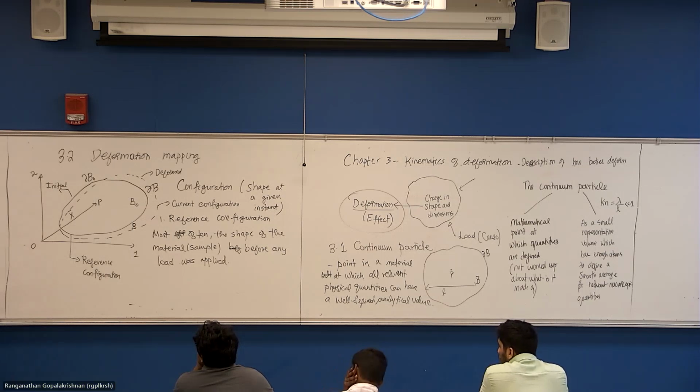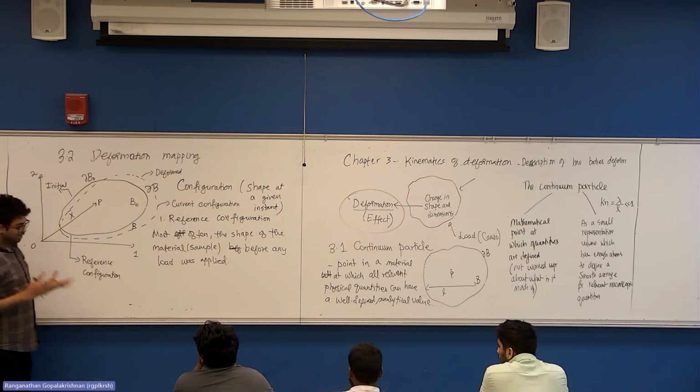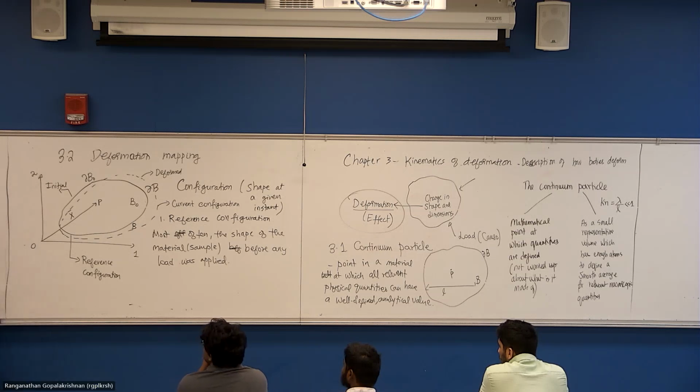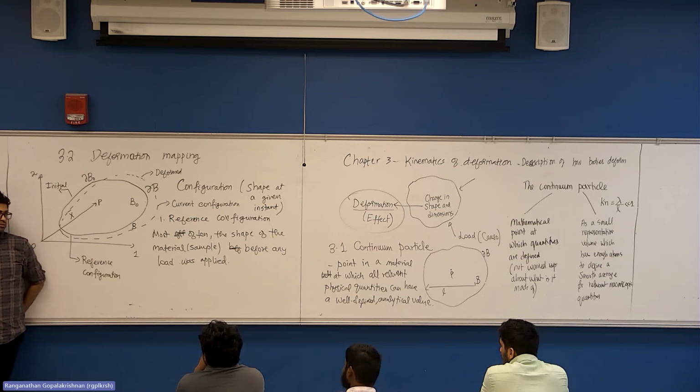All right. The whole idea of shape change, how do you measure shape change? How do you define shape change? Intuitively speaking, what is a shape change? Change in what about the body? Structure and design. What is structure? Appropriate shape.